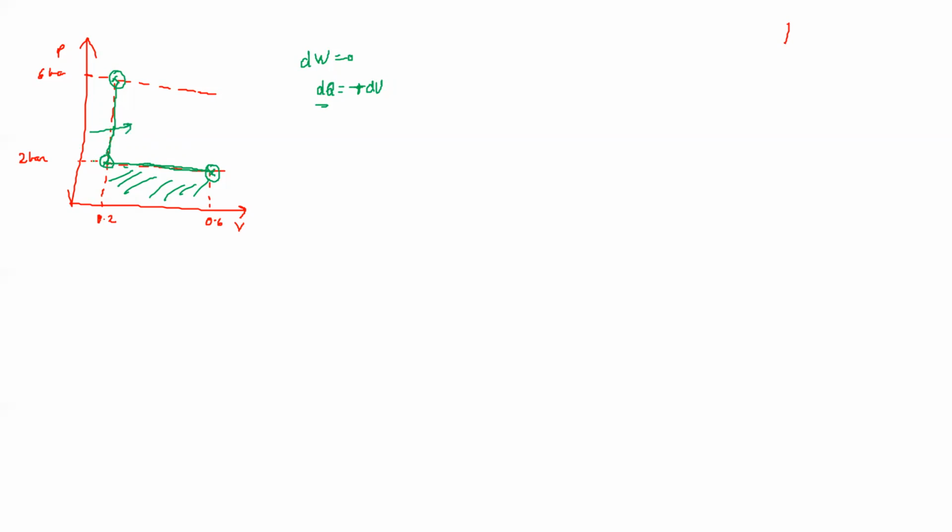Since the pressure is increasing at constant volume, and at constant volume pressure is proportional to temperature, internal energy would increase as temperature increases, and if internal energy increases, then definitely heat has to be added. So this path is not feasible. This path is not at all feasible.